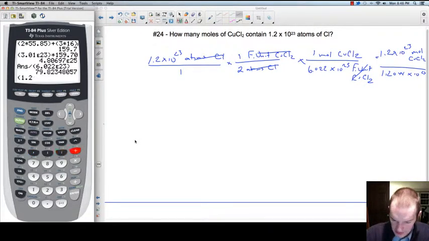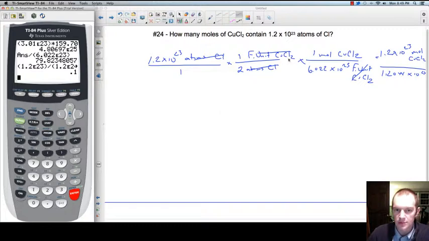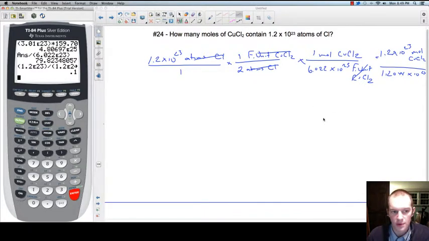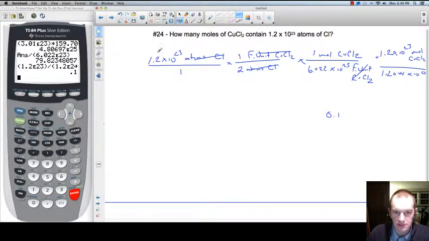We want to divide that by 1.2 times 10 to the 24th, close parentheses, and we should be able to see what's going to go on right there if we have some understanding of arithmetic. We end up with 0.1, but we want 2 significant figures because that's what we start with, so 0.10 moles of CuCl2.